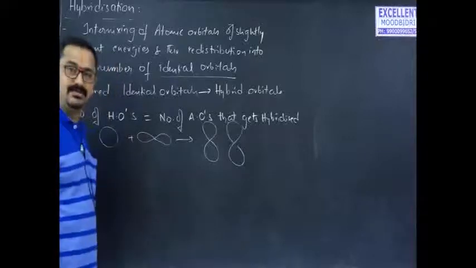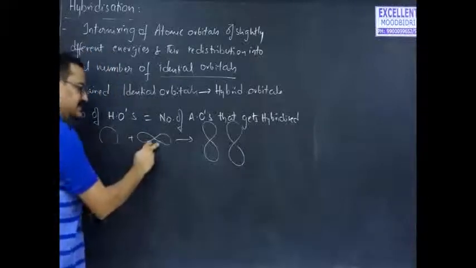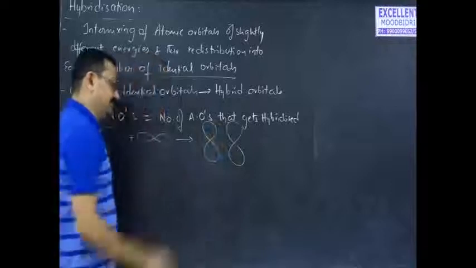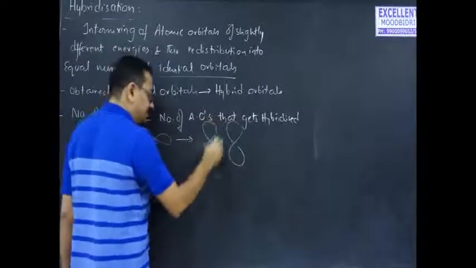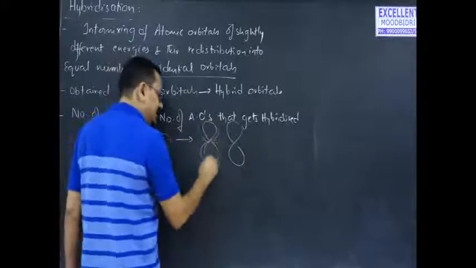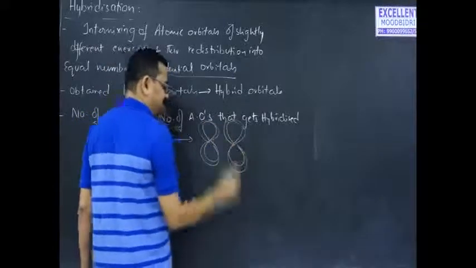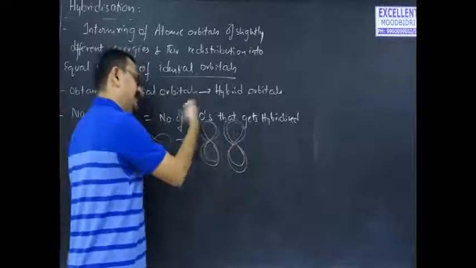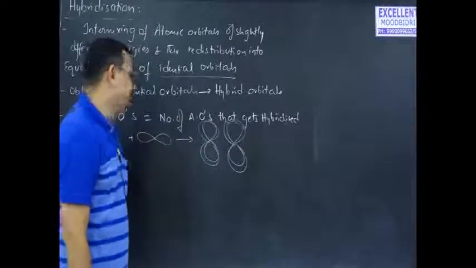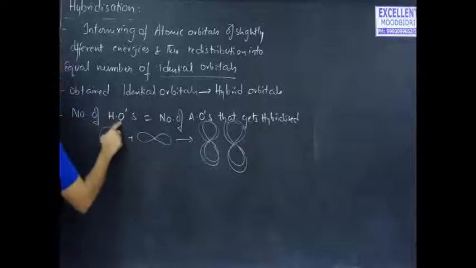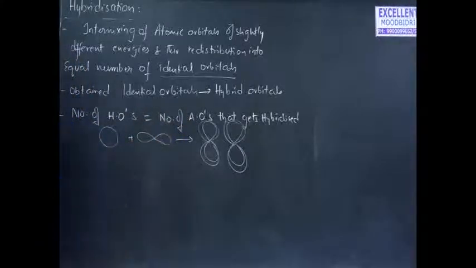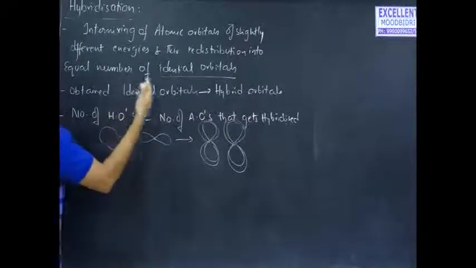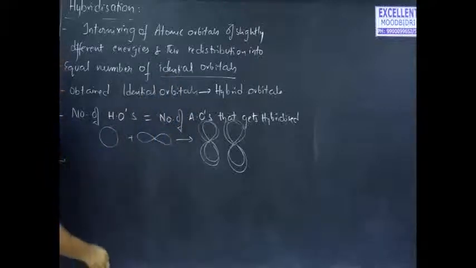Two atomic orbitals are mixing to give two hybrid orbitals. These hybrid orbitals possess spherical character as well as dumbbell character. They almost look spherical, and at the same time they possess the shape of a dumbbell. The number of hybrid orbitals obtained is always equal to the number of atomic orbitals that get hybridized. These obtained hybrid orbitals are always identical in all characteristics.